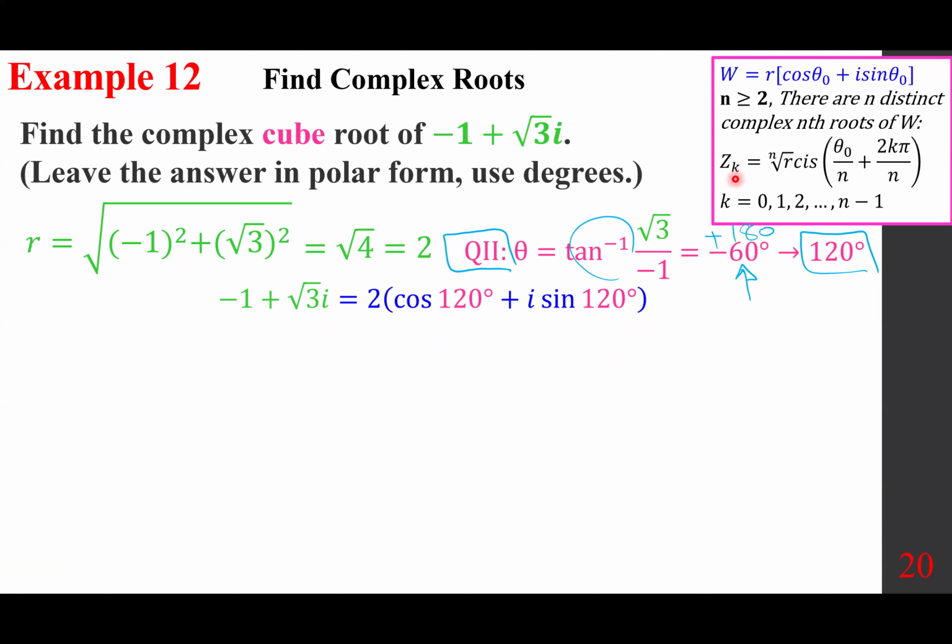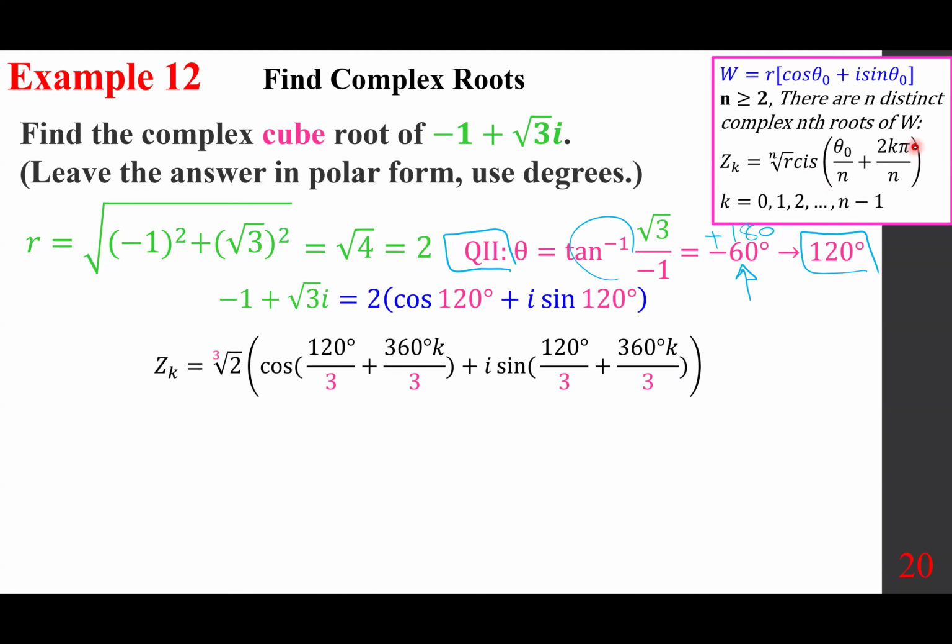So z sub k is the nth root, the third root of r, which is 2, cis theta 0 over n. Theta 0 is 120, over n is 3, plus 2k pi over n, or plus 360k divided by 3, because you can go with that or the degrees. In this case, they're asking for degrees.